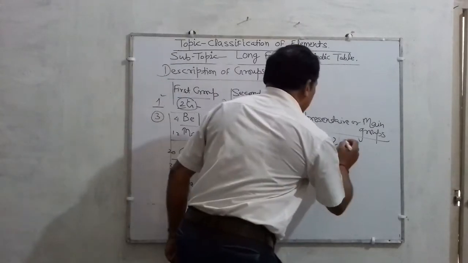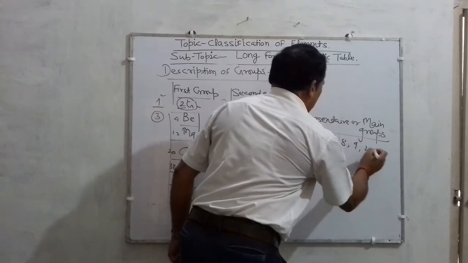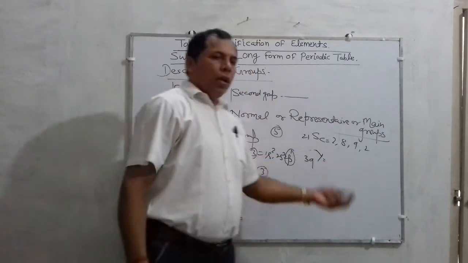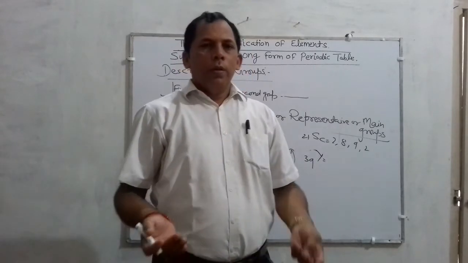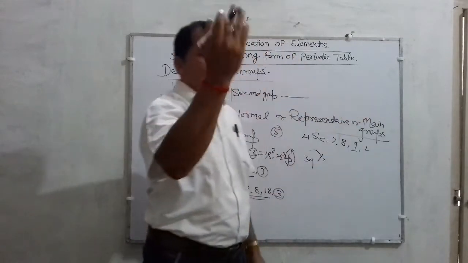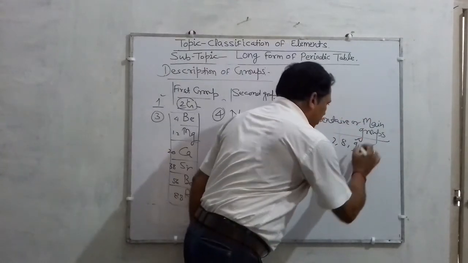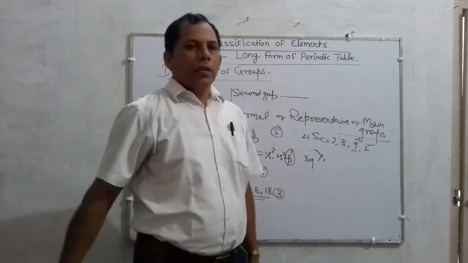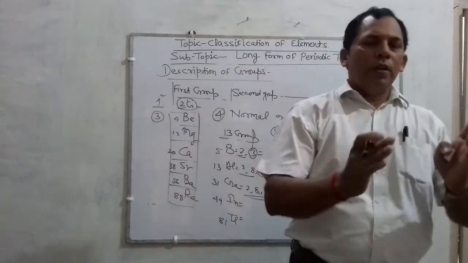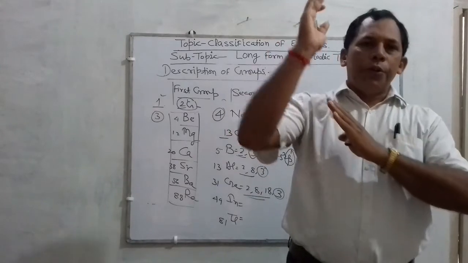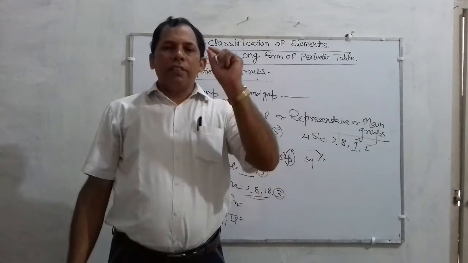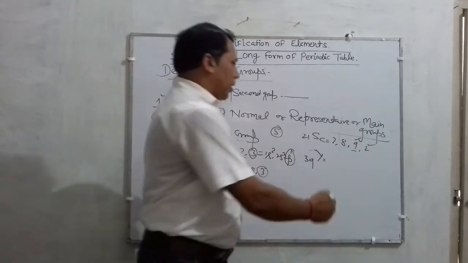So if you write the configuration, then according to the property, the outermost 2 cells, meaning the last cell and the penultimate cell, are incomplete, and such elements are placed in group 3 to group 12 of the periodic table and are referred to as transitional elements.